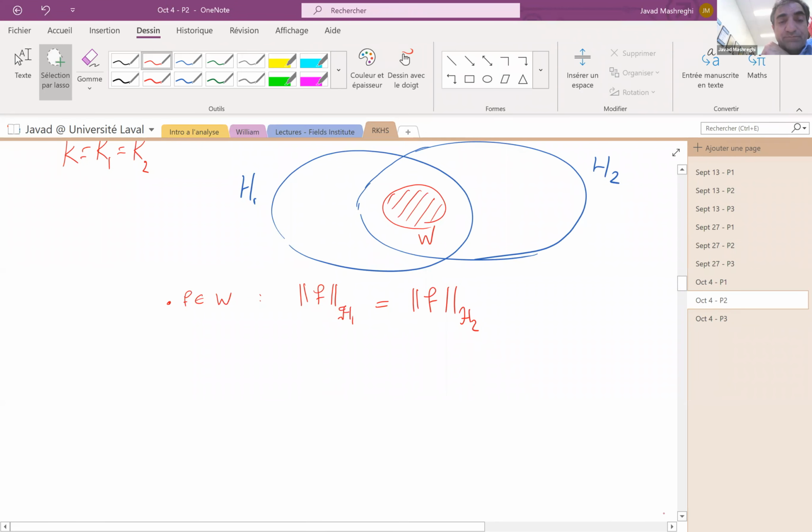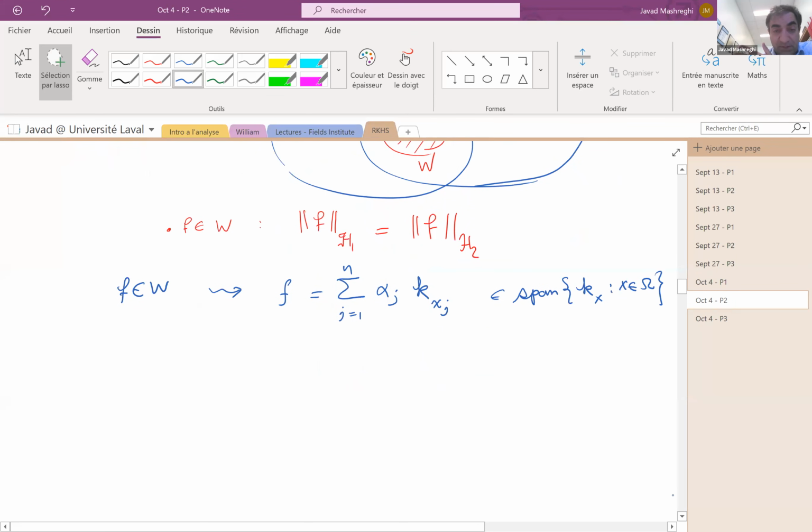Another way to realize that it really doesn't matter whether we consider it in H1 or in H2 is this interpretation. Consider F in W. A span, what does that mean? It means that F is a finite combination of alpha j, K x j. That's the definition of a span, j from 1 to n, because it's in a span of Kx, x in omega.